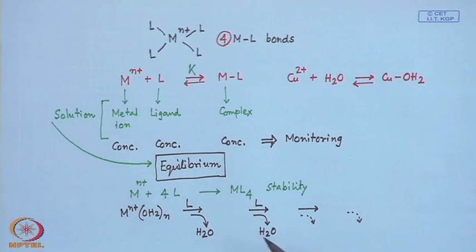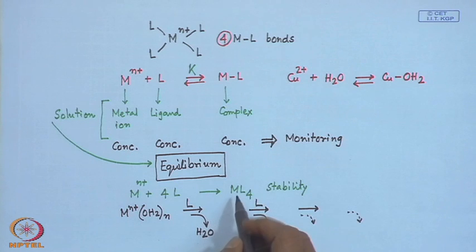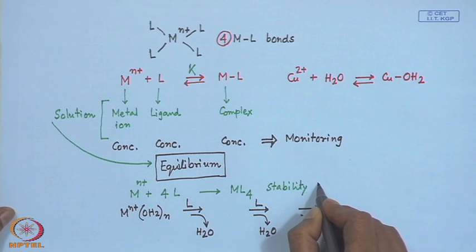These stages tell us how quickly we can achieve the stable species, because the other species, like ML1, ML2, ML3 etc., are not so stable. Only the ML4 species had some stability compared to the intermediate species. So, then we can find out the stability constant for that particular process.